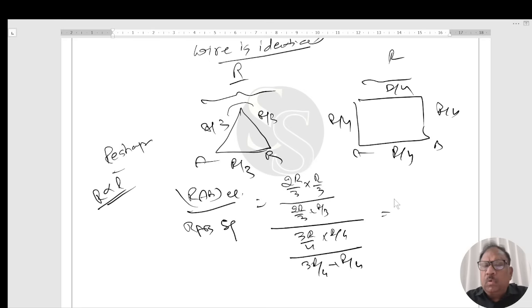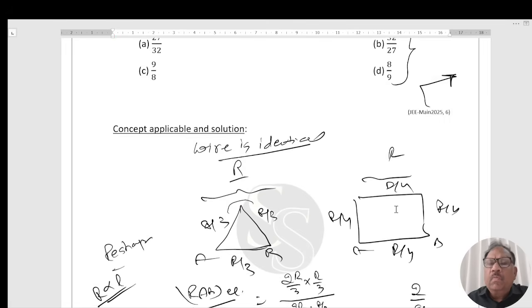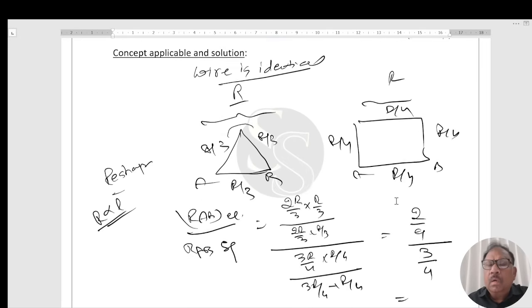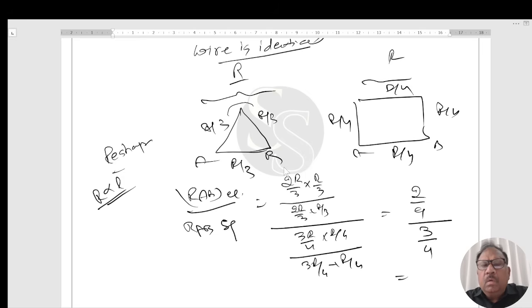On simplification, this comes out to be 2/9 upon 3/16, that is, 2R/3 into R/3 upon 3R/4 into R/4.